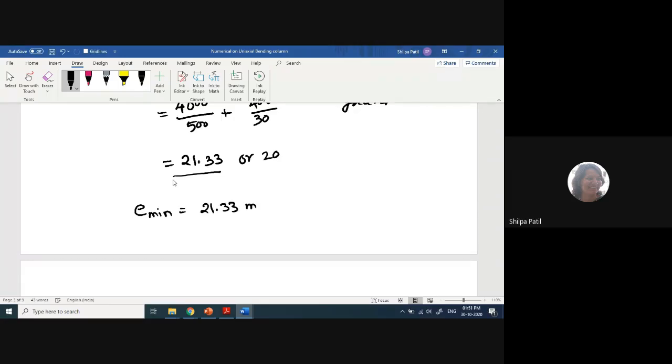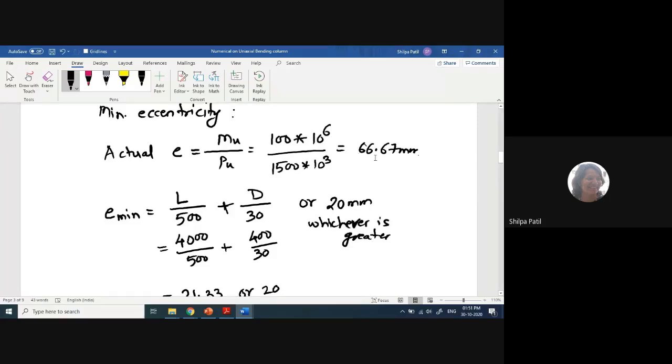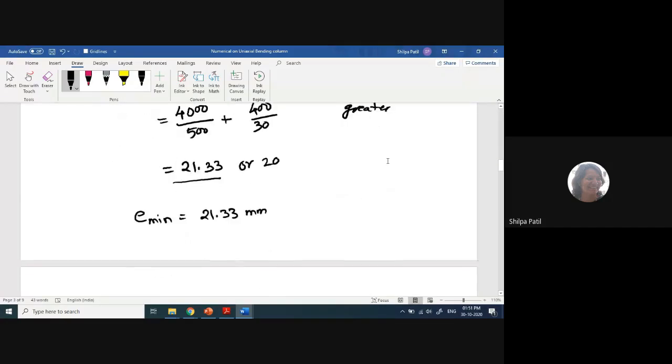Now compare this value with the actual value. What is the actual value? Actual value is 66.67. So E minimum is less than E actual. And this indicates that our column is eccentrically loaded.